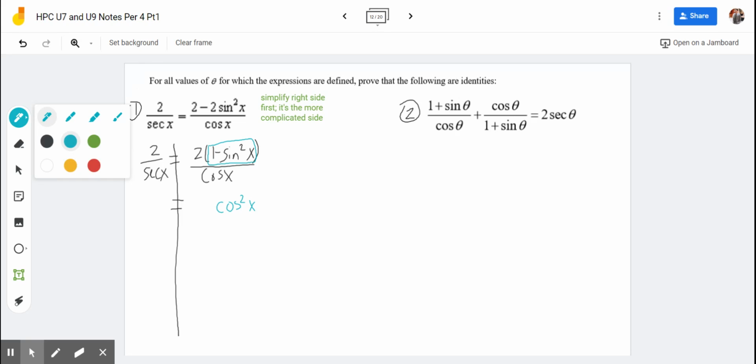So I'm replacing that value there with cos squared x. So we'll have 2 times cos squared x over cos of x, and then it'll be equal to 2 over secant x. Okay. And what we can do is actually cancel out one of the cosines, because this is technically cos squared. So we can cancel out the cosine in the denominator.